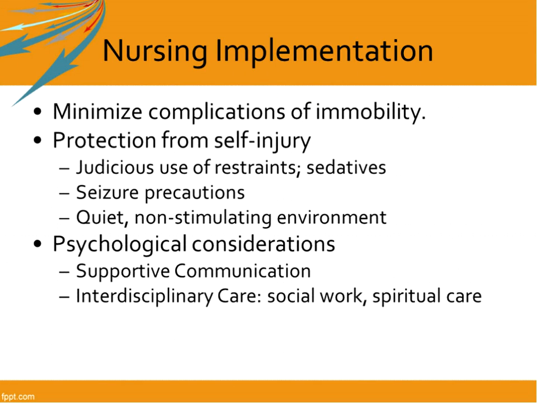Remember, we can use sedatives, but we also want to think about the impact on level of consciousness. For the patient with seizures, if the person is likely to develop seizures, we're going to institute seizure precautions. If we're going to have seizures in this patient, most likely in the first 7 days following a traumatic injury, so sometimes we do prophylactic anti-seizure therapy.